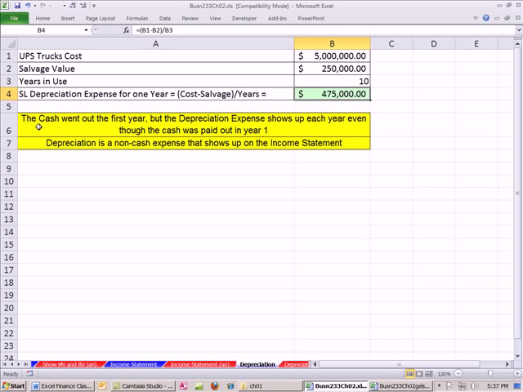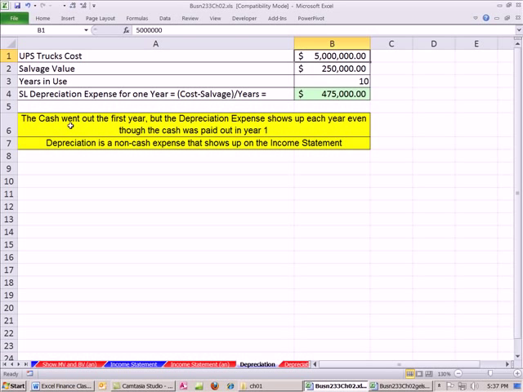Now let's think about this. The cash went out the first year. And it doesn't matter whether we borrowed lots of money or what, but we had to pay someone the cash. Even if it was a short-term loan, we're assuming that first year we paid out $5 million. So that's the cash.